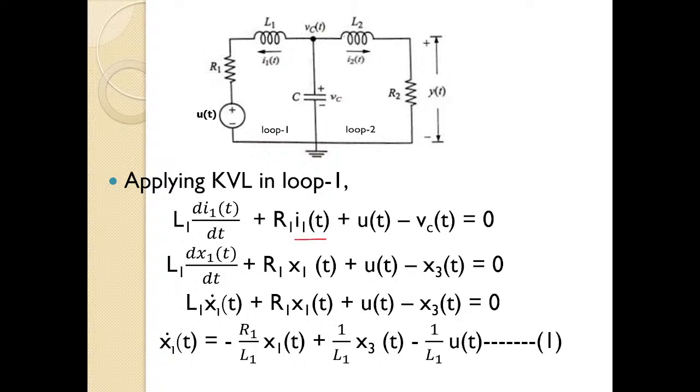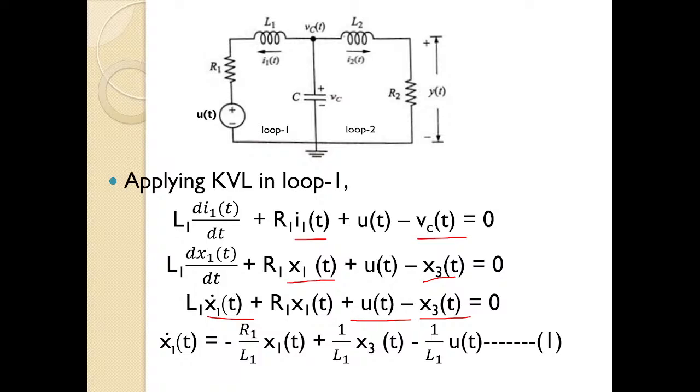So I1 of t is replaced by x1 of t, and Vc of t is replaced by X3 of t. Instead of d by dt of x1 of t, I can write x1 dot of t. L1 into x1 dot of t plus R1 x1 of t, u of t, X3 of t equal to 0.